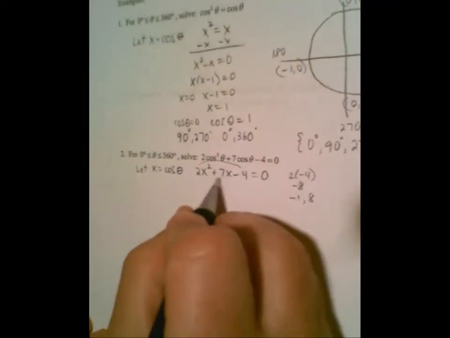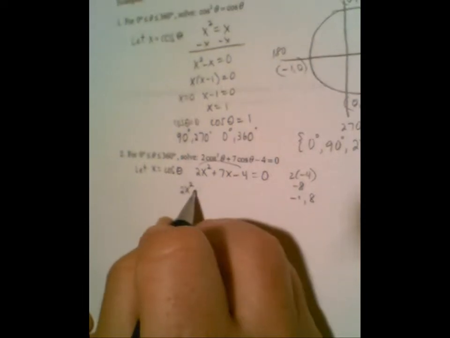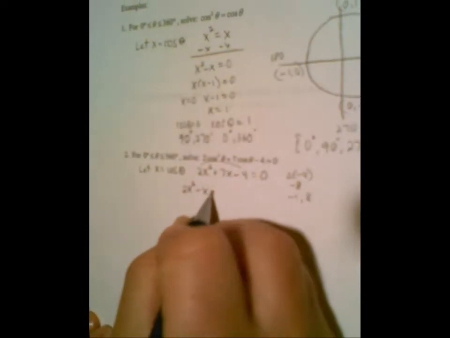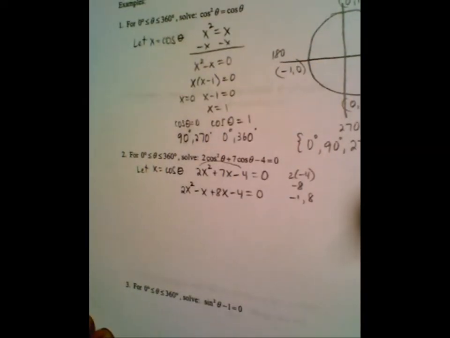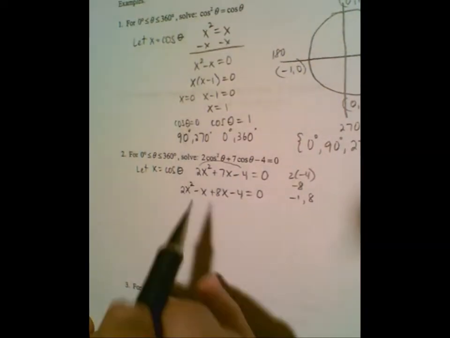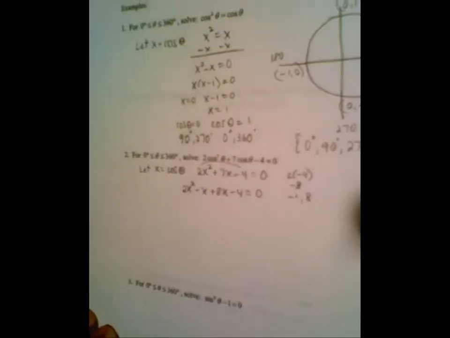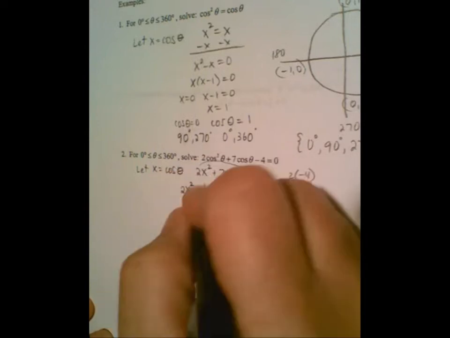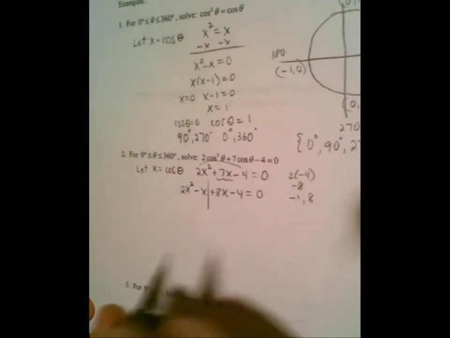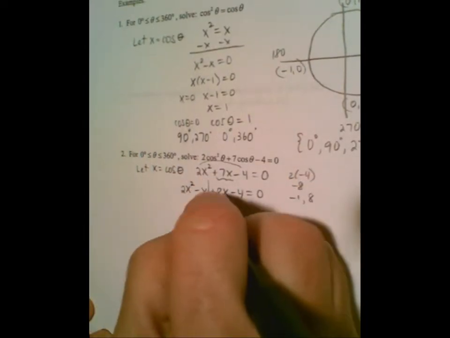So then I replace the middle, so I have 2x squared minus x plus 8x minus 4 is equal to 0, right? Negative x plus 8x is equal to 7x. That's why you're allowed to replace that with this. Split the middle and then take the GCF.